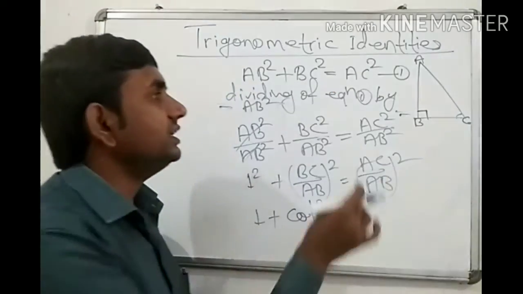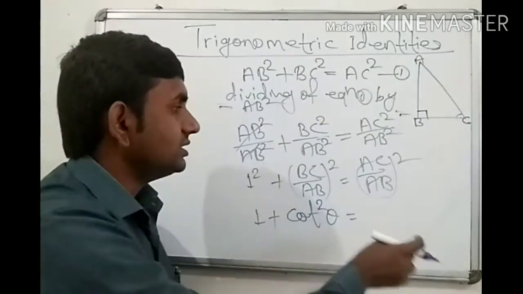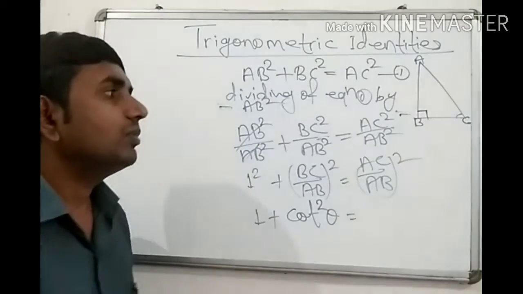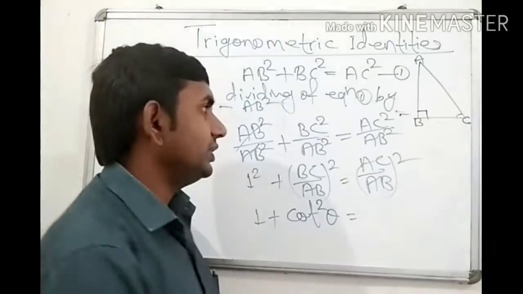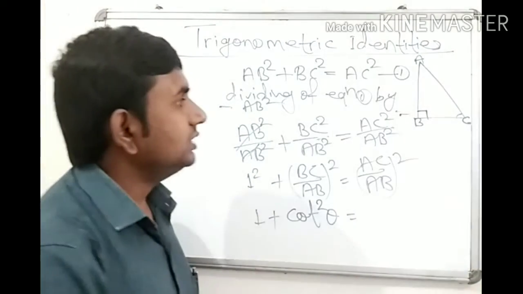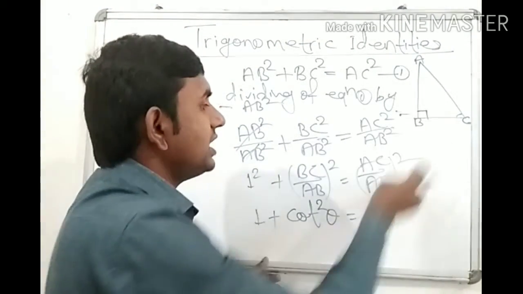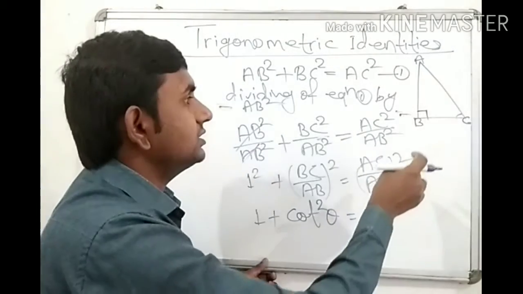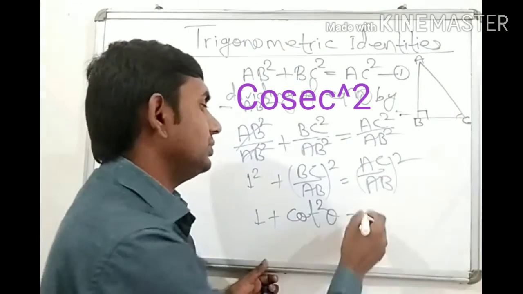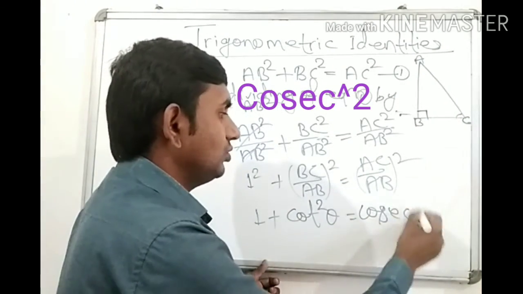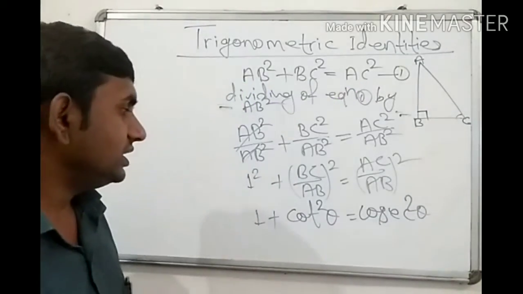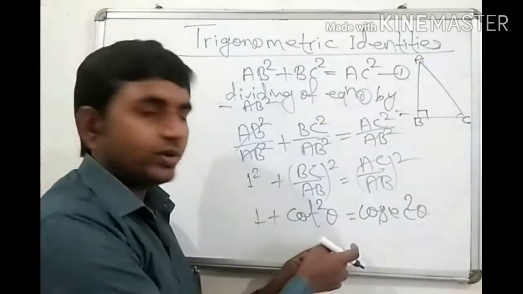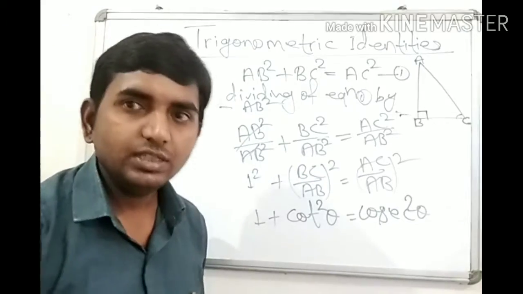Here AC by AB: AC is the hypotenuse and AB is the perpendicular, so it indicates hypotenuse by perpendicular, which means cosec theta, cosec square theta. So it is clear that 1 plus cot square theta is equal to cosec square theta.